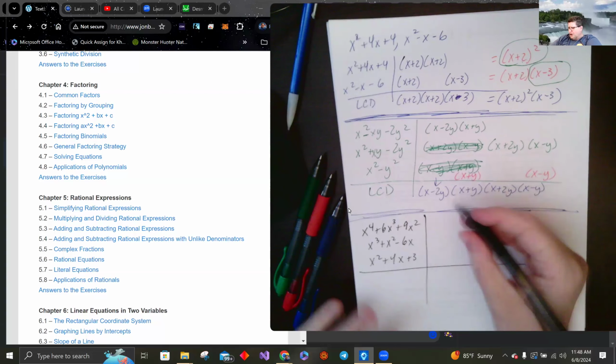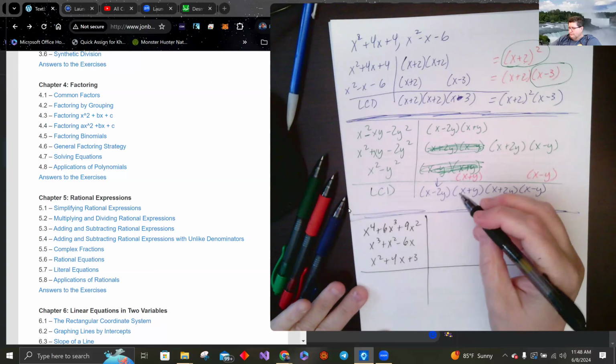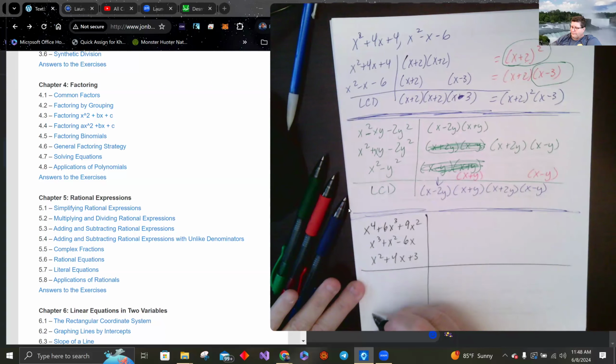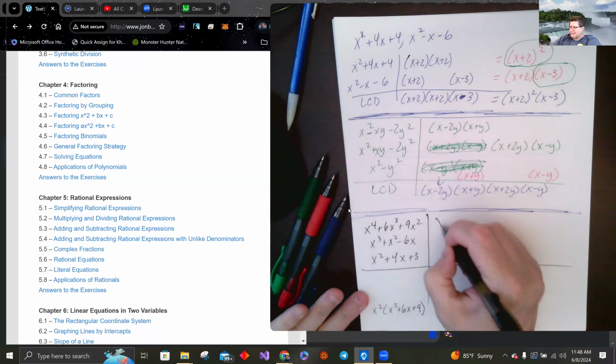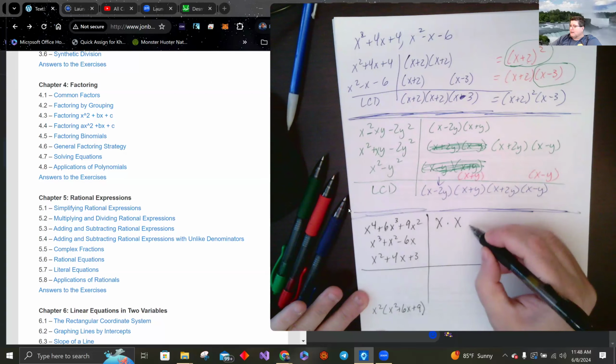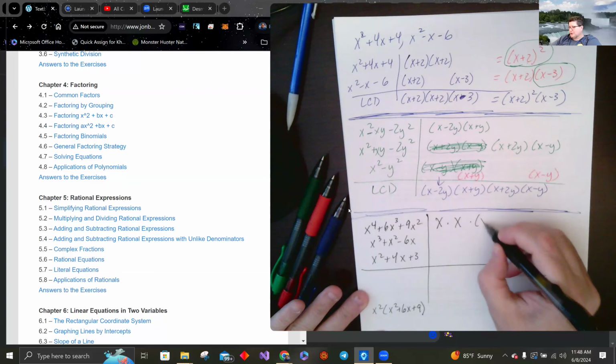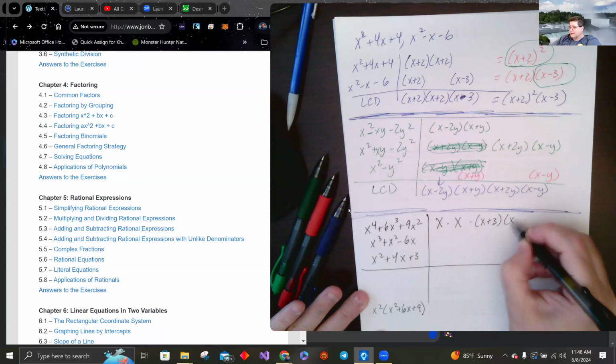All right, so to start off, if I take out an x squared, that looks like x squared plus 6x plus 9. So this will be x times x times x plus 3, and that's another x plus 3.